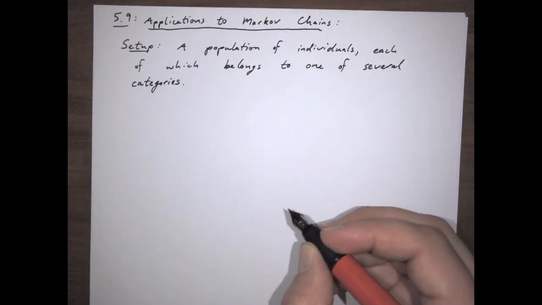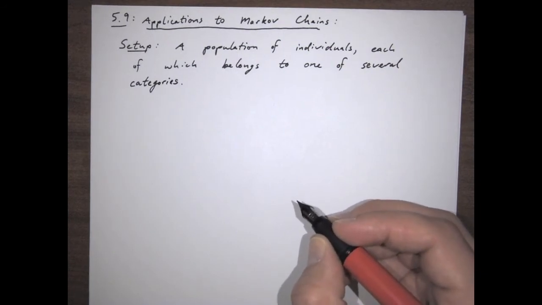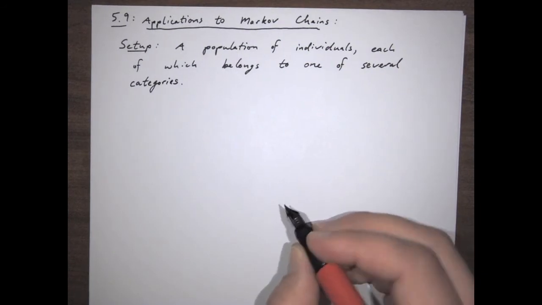So for example, category A, B, C, or D, each individual belongs to one of these.